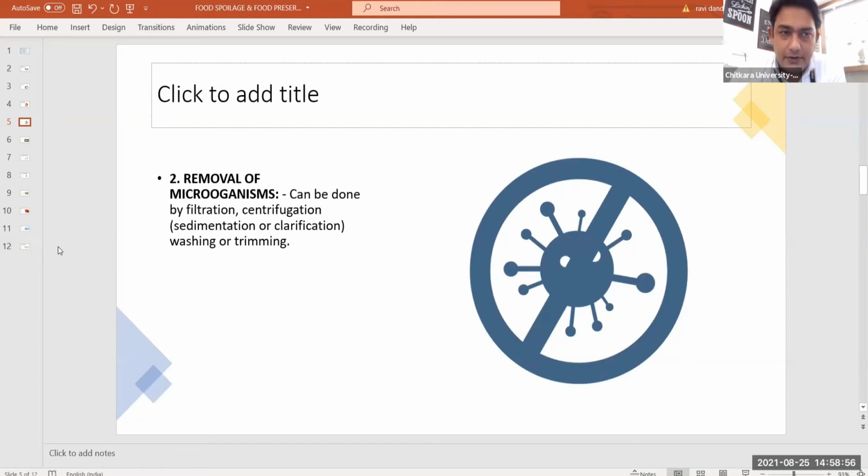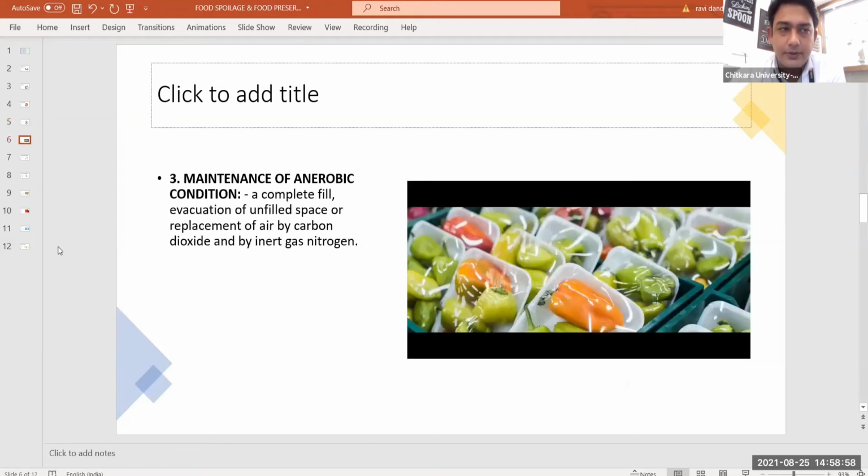Okay, so this is the second, removal of microorganisms. Then we have maintenance of anaerobic condition. This is a very important part, and it is most important for the food processing industry.